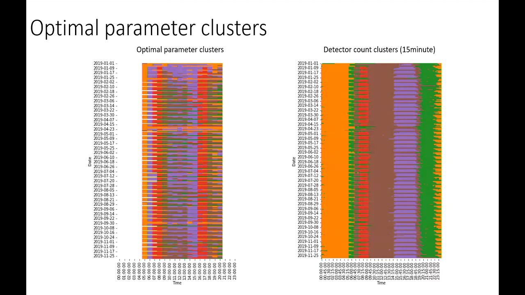We can see that we get peak clusters, and actually we get two peak clusters: an early, pre-peak cluster, and a post-peak or late peak cluster. There's a middle of the day one in brown, and a quiet cluster in orange, right? So these are reflecting different driver behaviours at different points in the cycle, right?